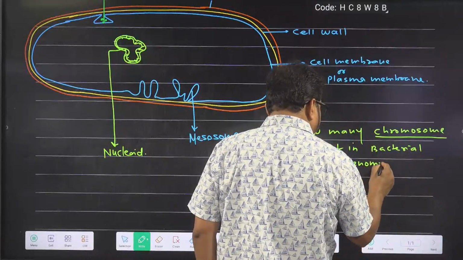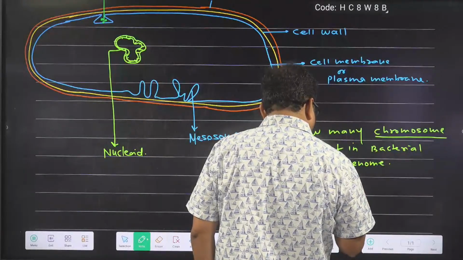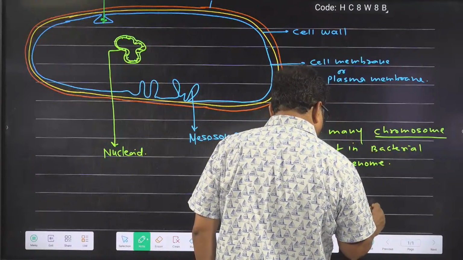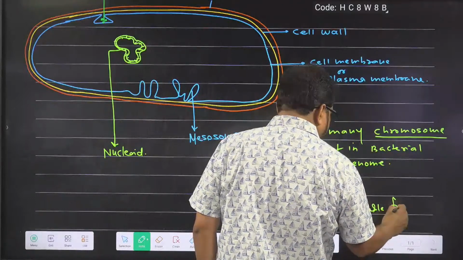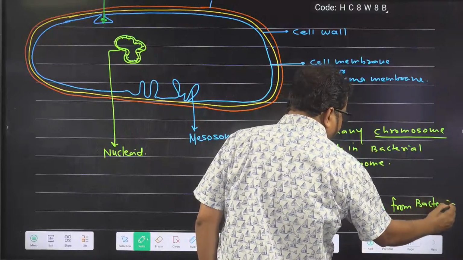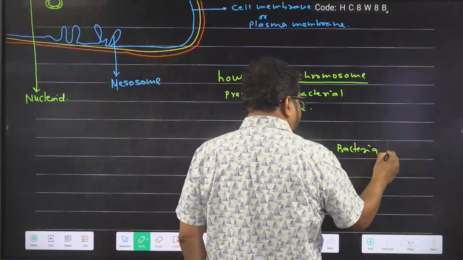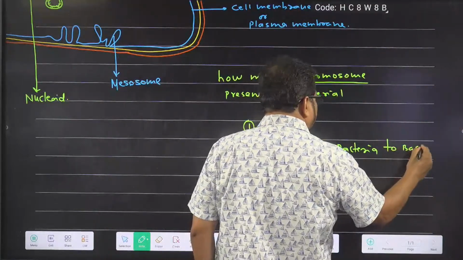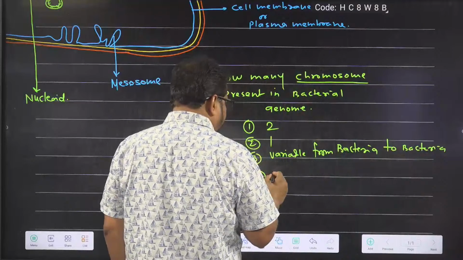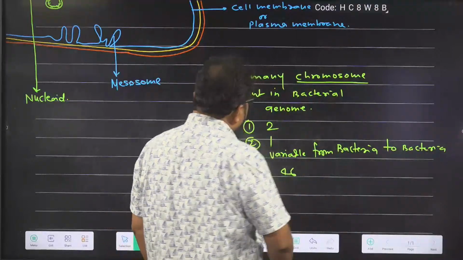Bacterial genome. The first option is 2, the second option is 1, the third is variable from bacteria to bacteria, and the fourth option is 46.